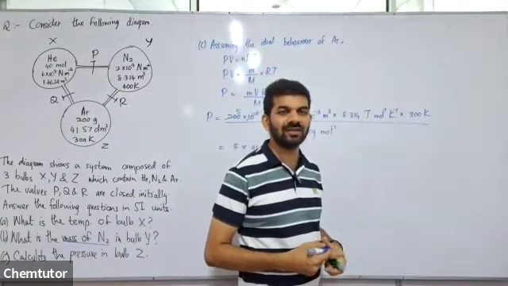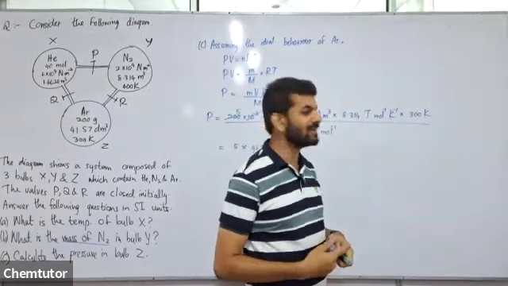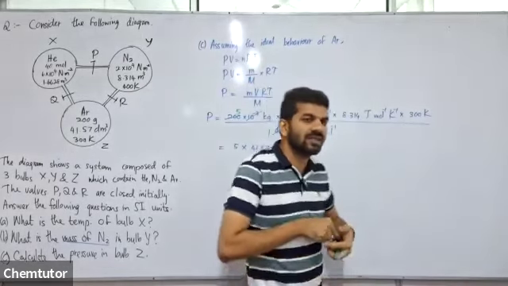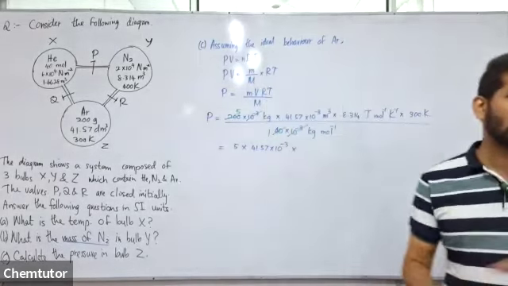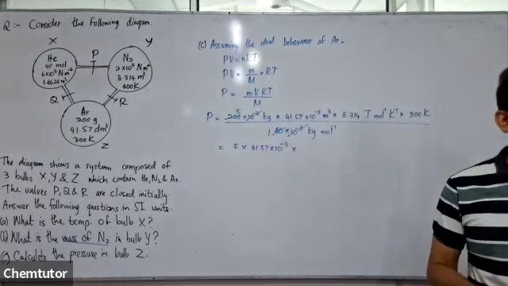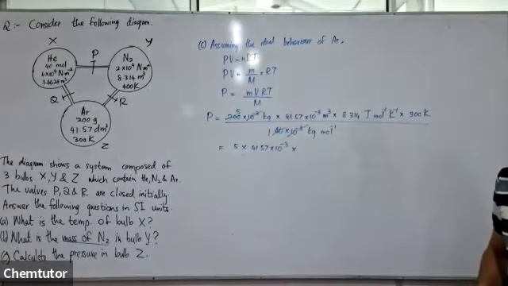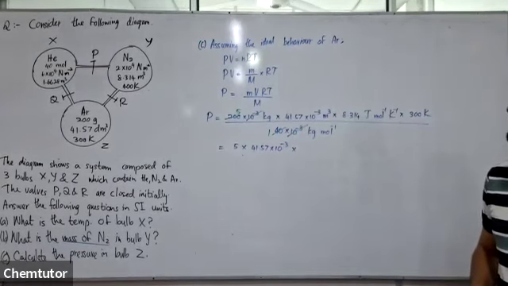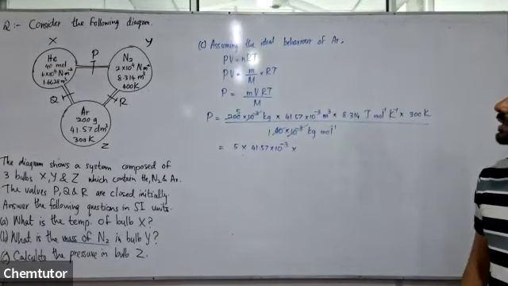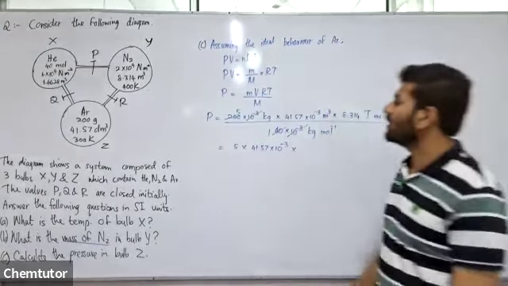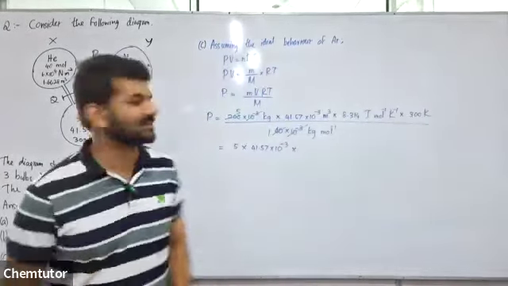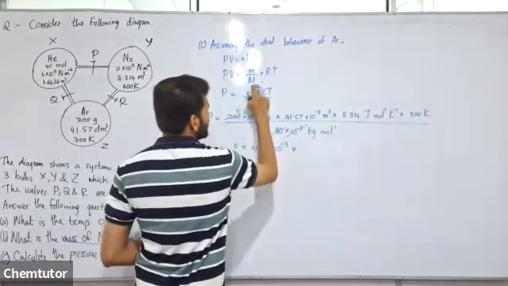I have asked you to take it as 25. Why is that? 8.314 into 3 is 24.942, so we can approximately take it as 25. Sorry, we should divide them in mRT over MV, no? Yes. Sorry, that's my mistake.